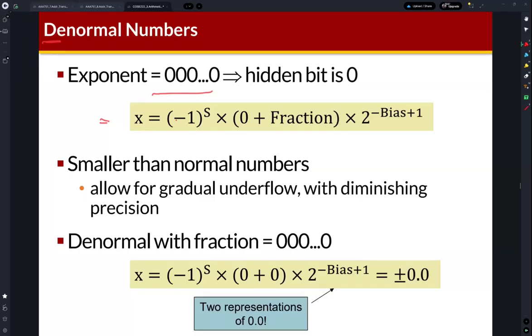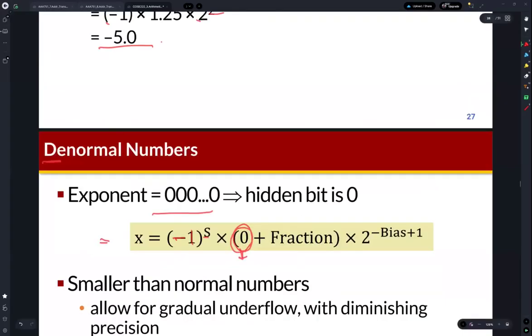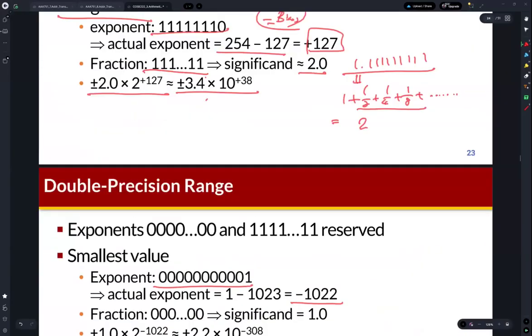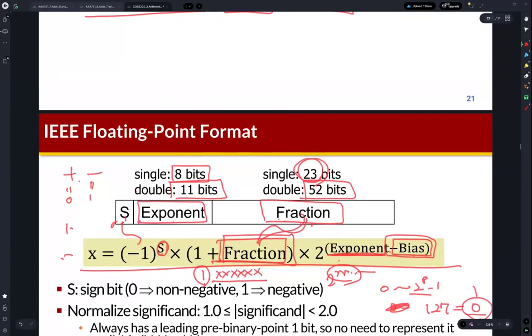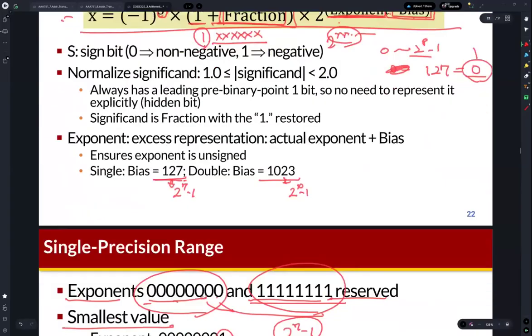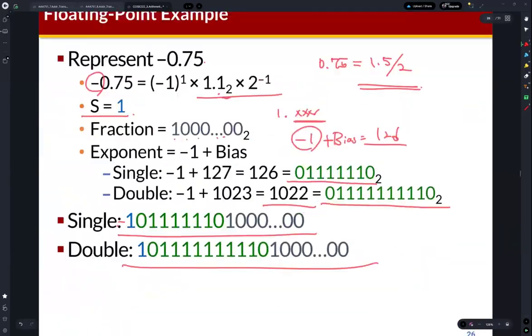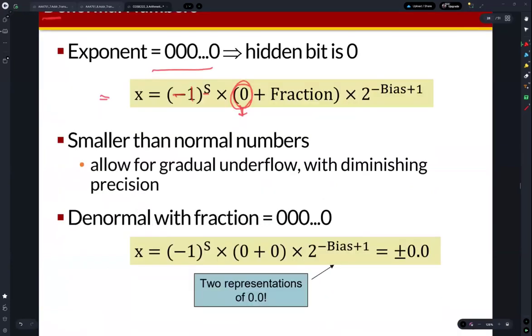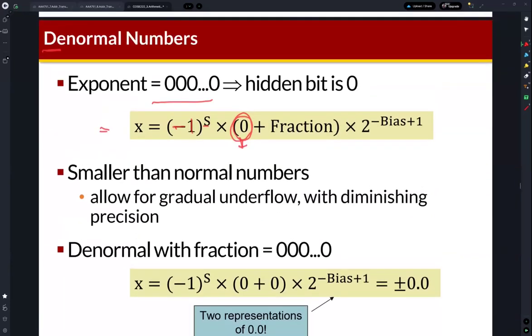So it means minus 1. The sign bit is the same, but this 1 is changed to 0. For the normal number, this number is 1, right? But if all the exponent bits are zeros, then this is a 0, and then this is the fraction, and the exponent is minus bias plus 1.